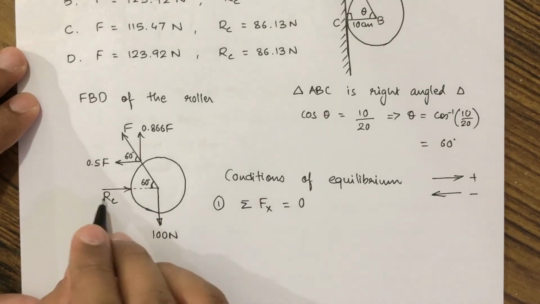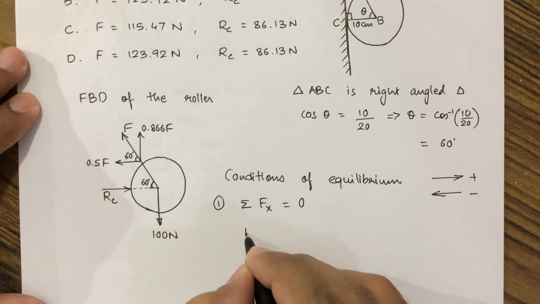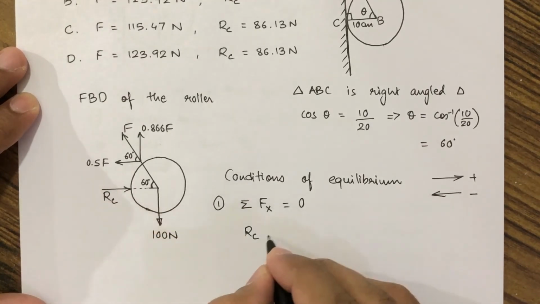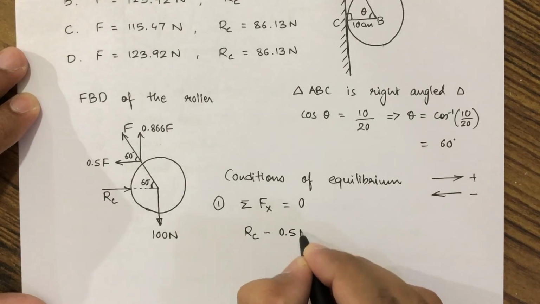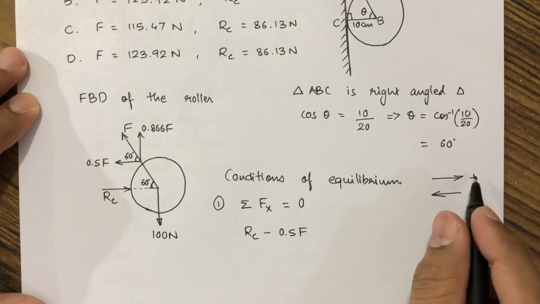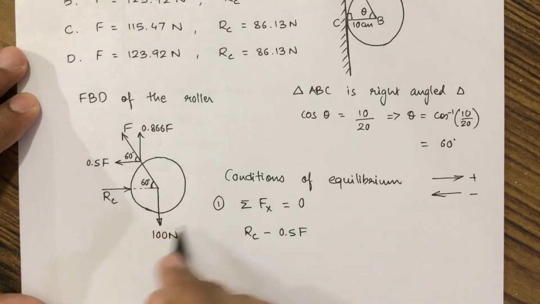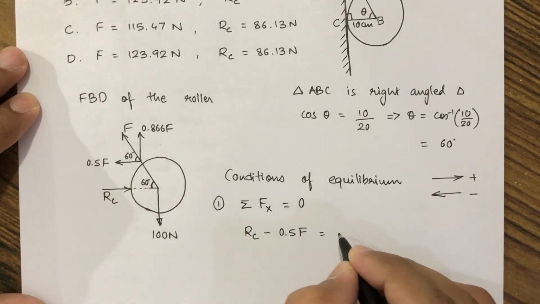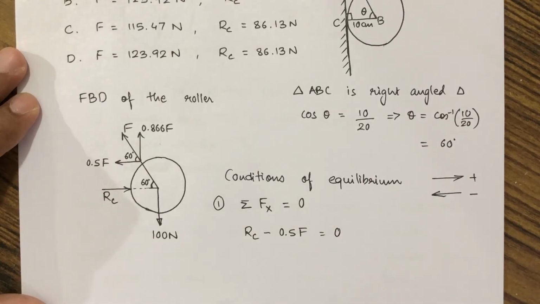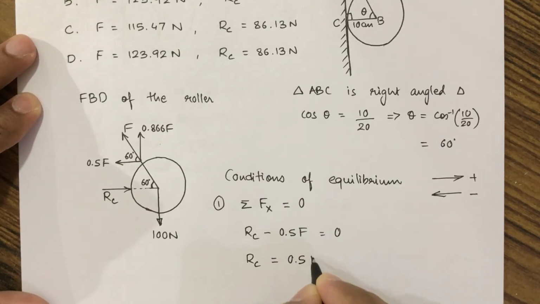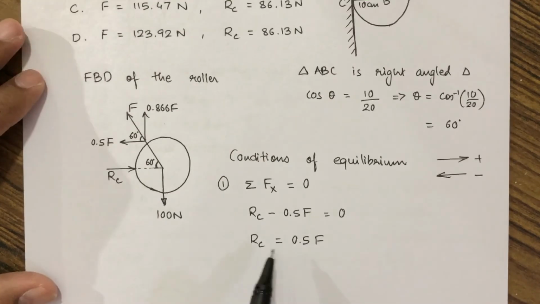So as RC is going right, this will be plus RC, and this 0.5 F is going to the left, so it will be minus 0.5 F. There are no other horizontal forces. So RC minus 0.5 F is equal to 0, and transferring 0.5 F to the right hand side, RC is equal to 0.5 F.